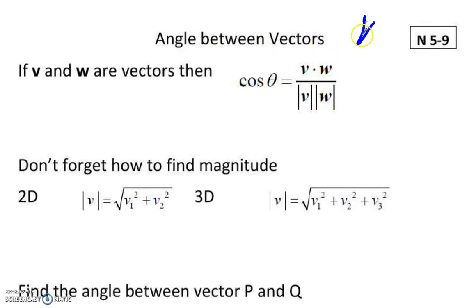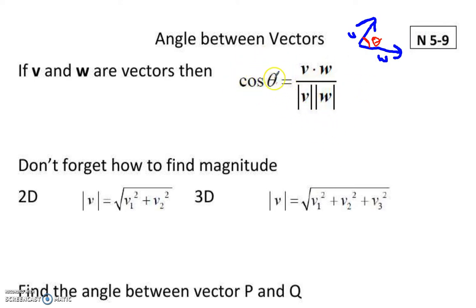So you have some, wow, that was terrible arting. There's a vector, call it V. There's a vector, call it W. And this angle between them, theta, we can find using this formula.